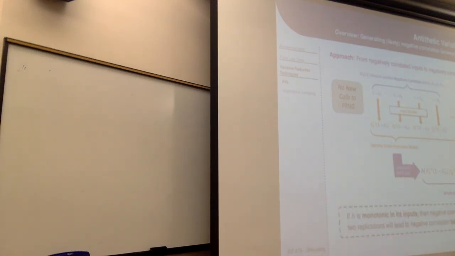And the hope is that if the simulation model has this monotonicity to it, then I will get negative correlation between the replications of the sim. So that if this replication is high, this replication will be low, and vice versa. That's the goal. And that is resting upon the hope that my simulation is monotonic.